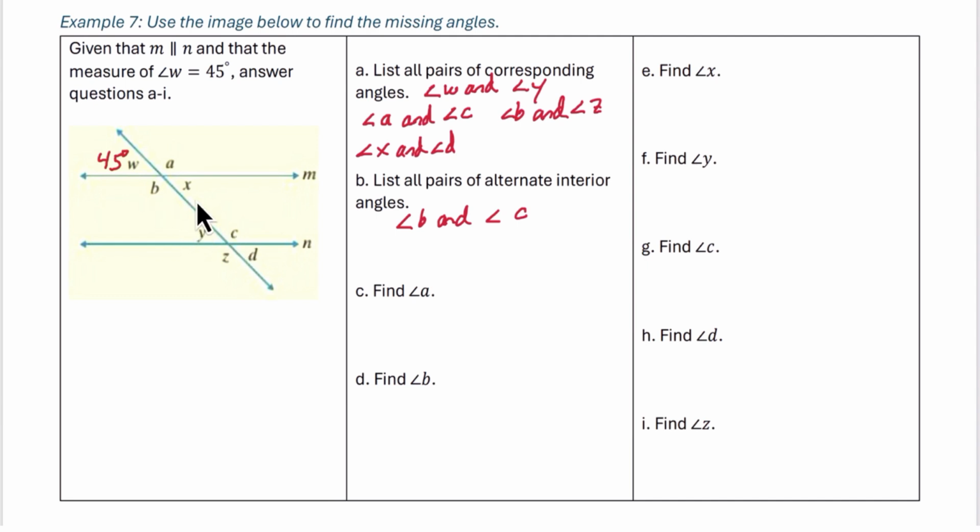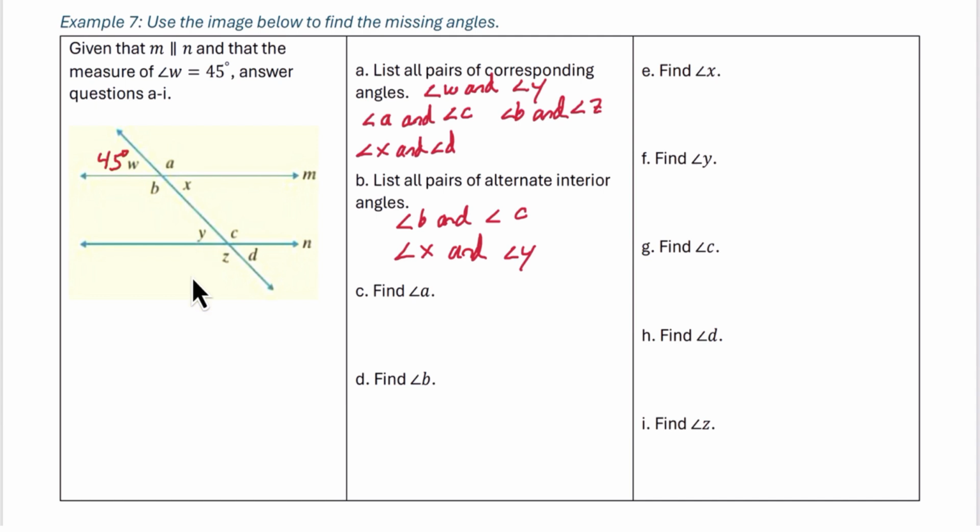They're on alternate sides of the transversal, but interior, between the two parallel lines. We could also use X and Y. X and Y are alternate interior. They're on different sides of the transversal, but they're also interior angles, between the two parallel lines.